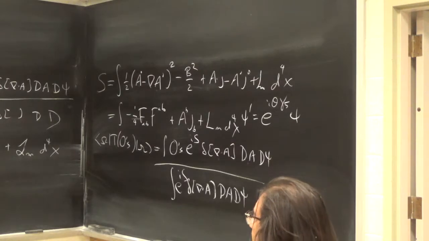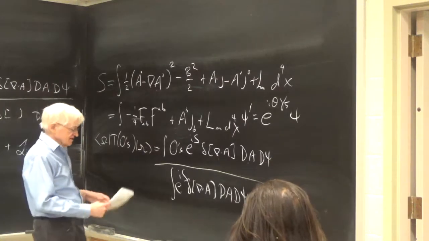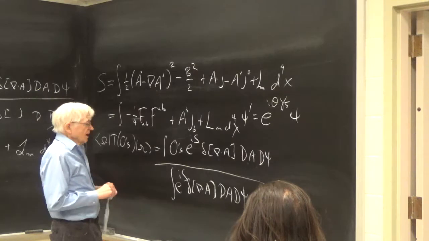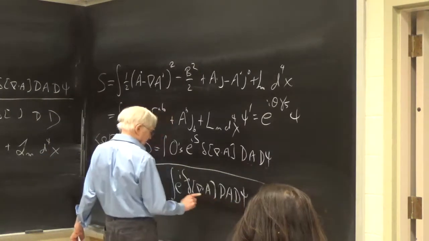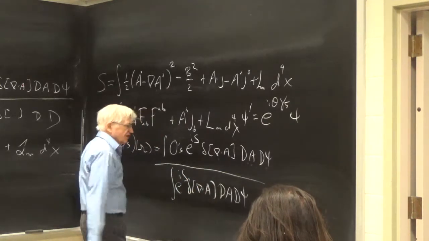That's the root of the problem of anomalies. Anyway, we're assuming these are gauge invariant. The only non-gauge invariant thing is there.